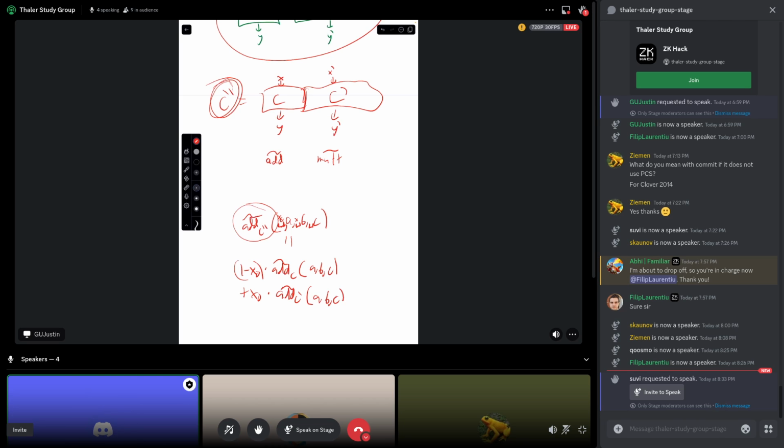If X0 is 0, then the first factor evaluates to 1 and the second to 0, so you just get the add polynomial for C. And if X0 is 1, then the first term dies because 1 minus 1 is 0, and the second term spits out 1, and you get the add polynomial for C prime.